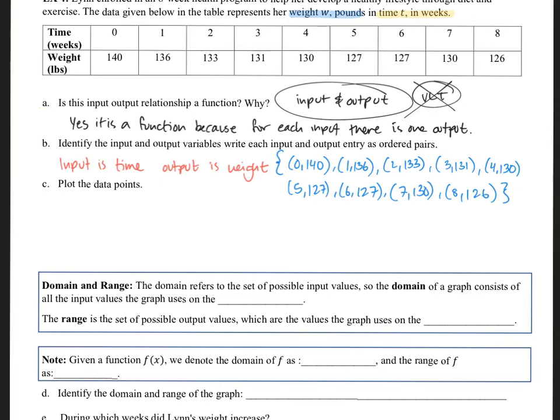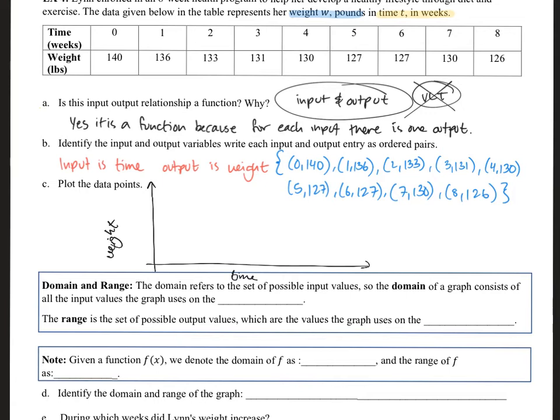So I'm going to make a makeshift graph here. We have our y values, which are going to be the weight, and then our x values, which is going to be the time. The x values just go from 0 to 8, which is pretty simple.